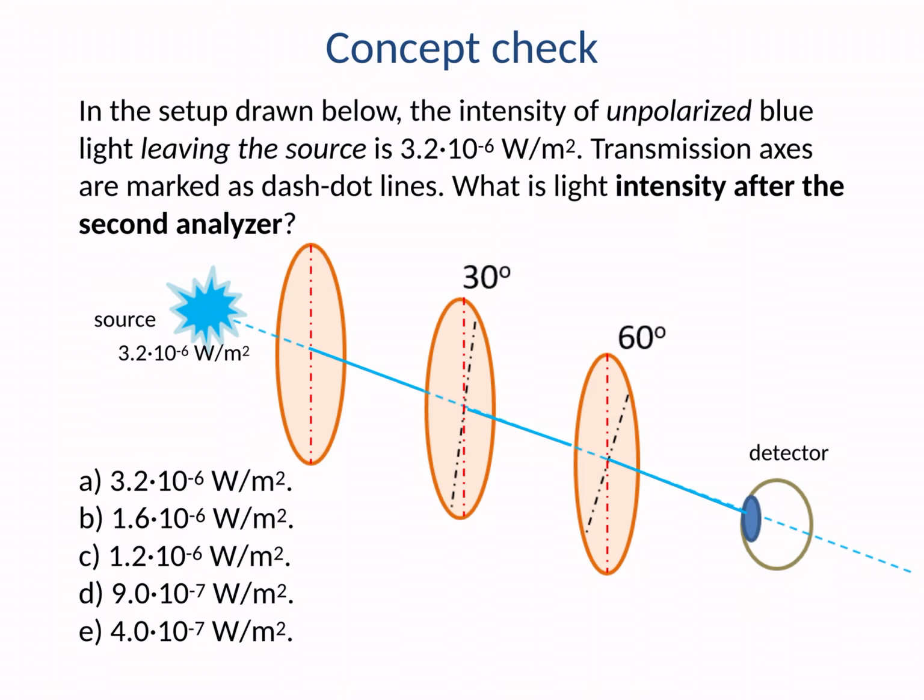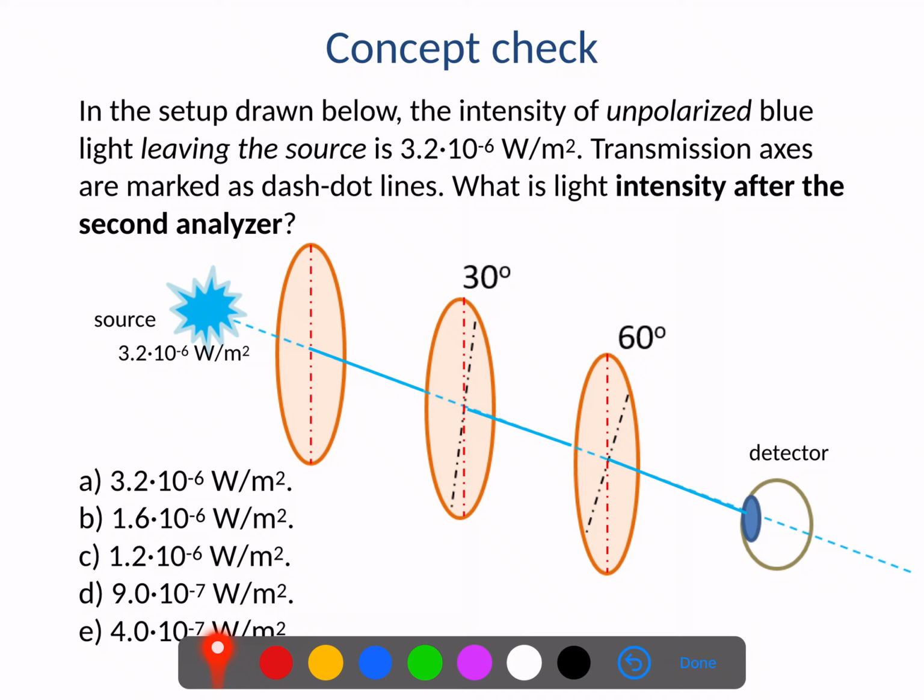Anyway, the setup here is similar to what we had before, where you have an unpolarized light source going through an initial linearly polarized filter, then through another polarizing material, and then through a third polarizing material. What we want to know is what the light intensity is after the second analyzer, which means after the third polarizing material here.